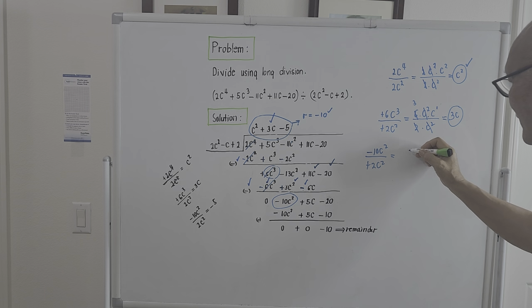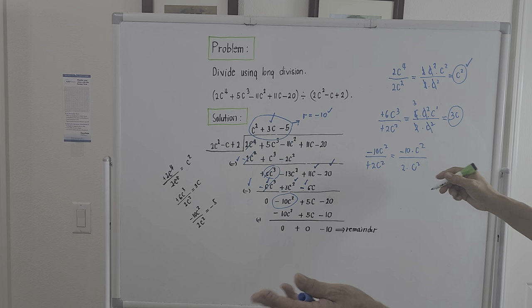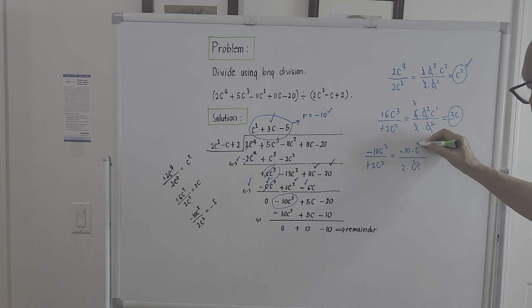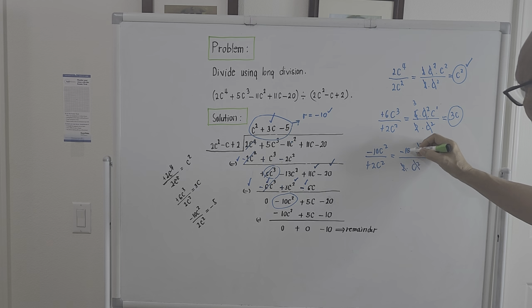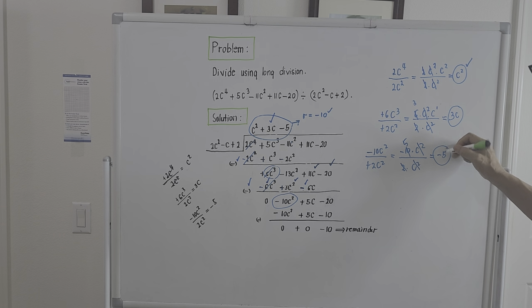So this will become negative 10 times c squared over 2 times c squared. Operations are all multiplication. We are free to cancel. So this c squared here cancels with this. This 2 here cancels with this. This will be 5. So the resulting next partial quotient should be negative 5.